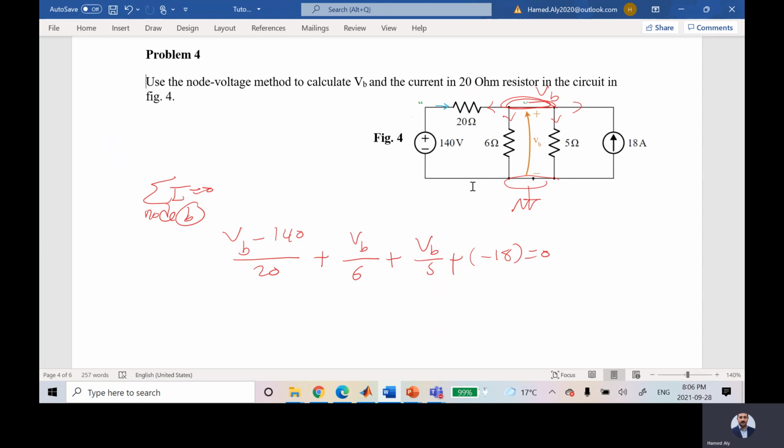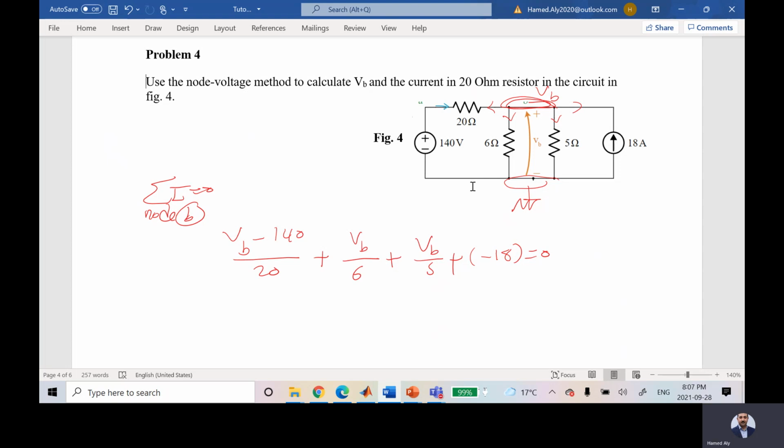Could you please repeat? You mean parallel? No, they are not connected in series.